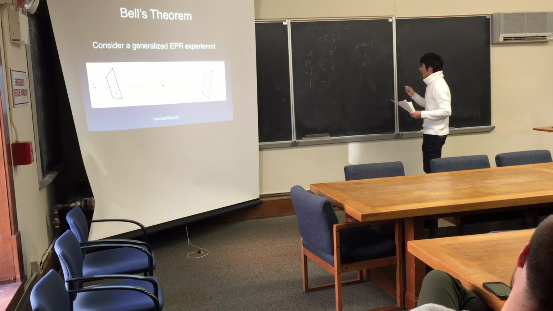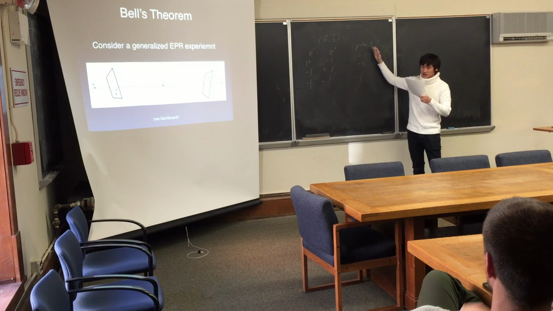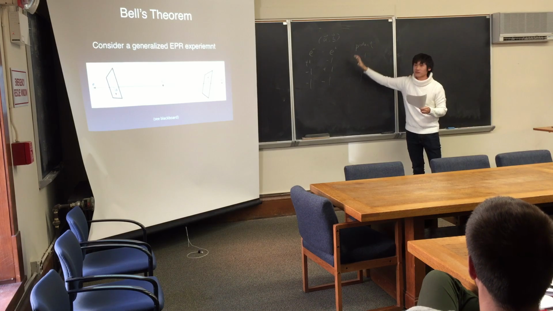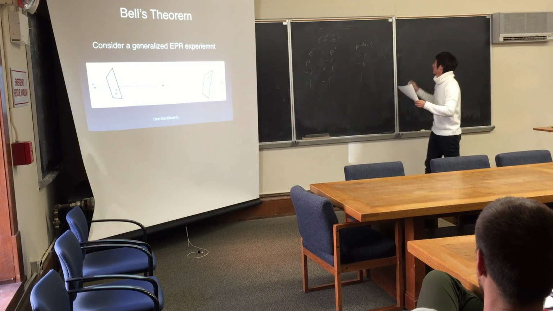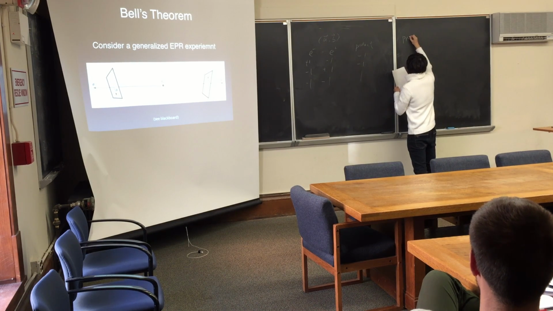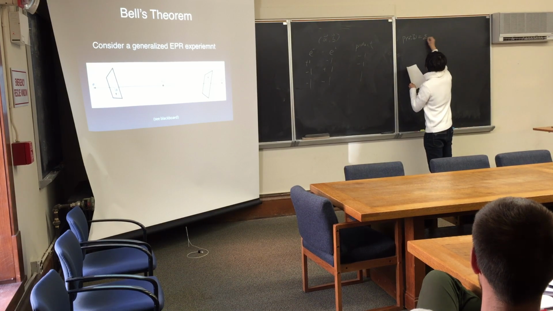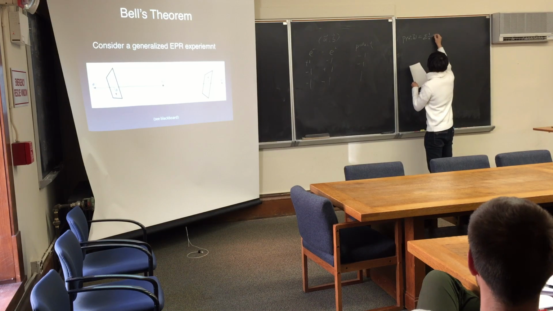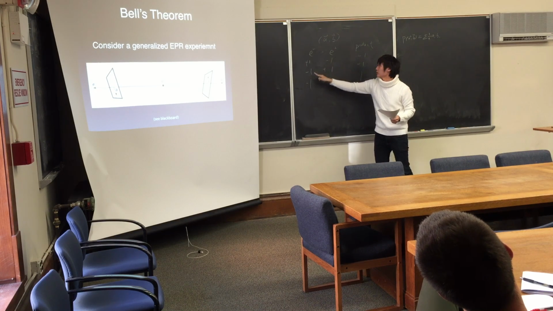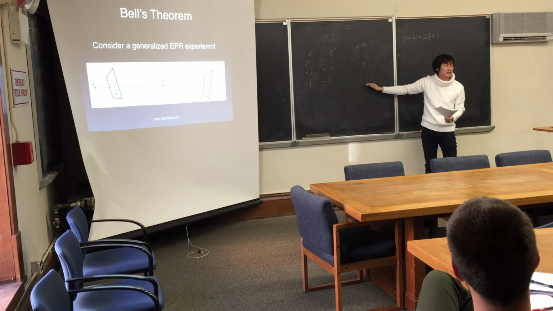So the idea is that I define the average of the products of all the experiments I did, which can be written as P equals the average of A_i B_i. So A1 B1, A2 B2. It's just like summing this over and taking the average.